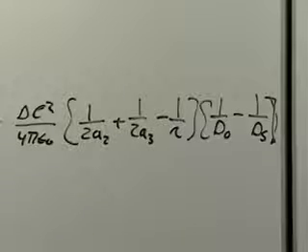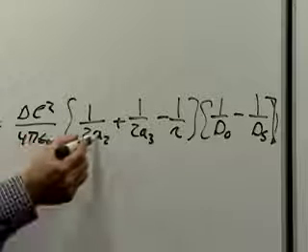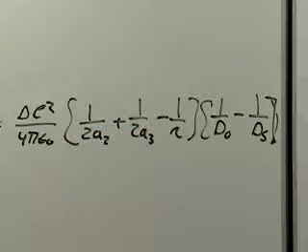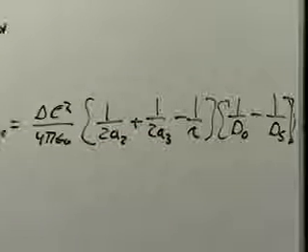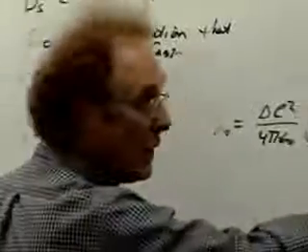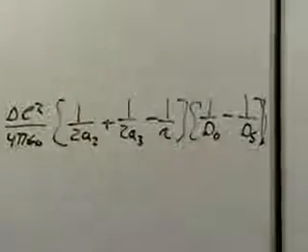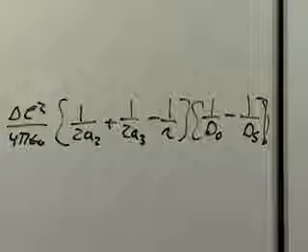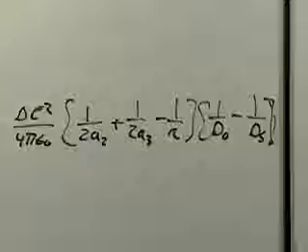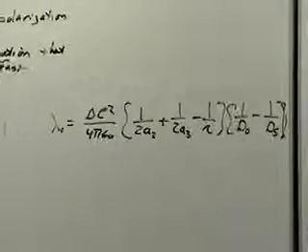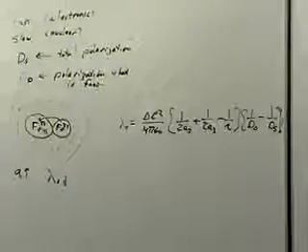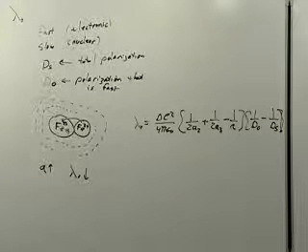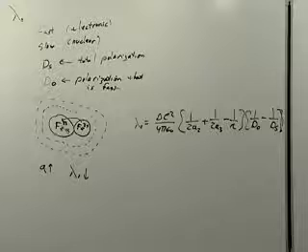Where this is the radius of the ferrous, this is the radius of the ferric, this is the distance of electron transfer from one to the other, and these are the dielectric constants, the optical and the static. By using the inverse of them, you're basically measuring the piece of the dielectric polarization that is slow and so cannot stay in time with the electron transfer. And that's what has to reorganize prior to the electron transfer.